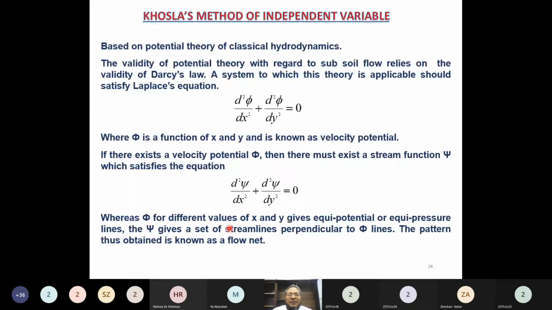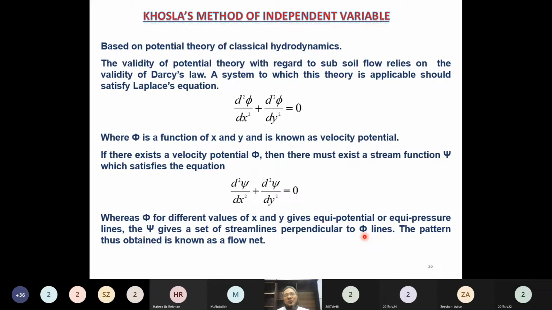Whereas phi for different values of x and y gives equipotential or equipressure lines, as we have seen in the previous lecture when we saw several flow nets. And psi gives a set of streamlines which are perpendicular to the phi lines. The pattern thus obtained is known as a flow net.